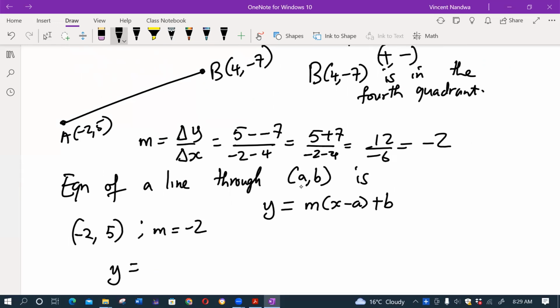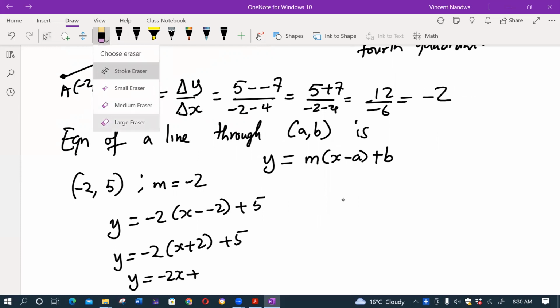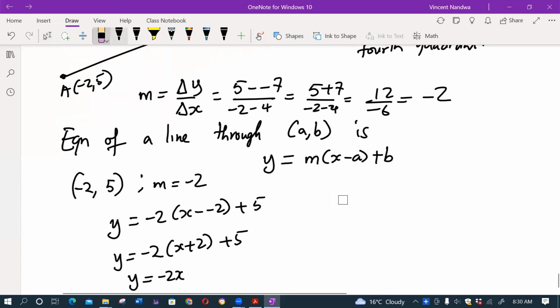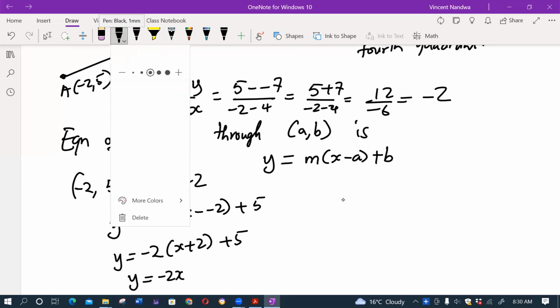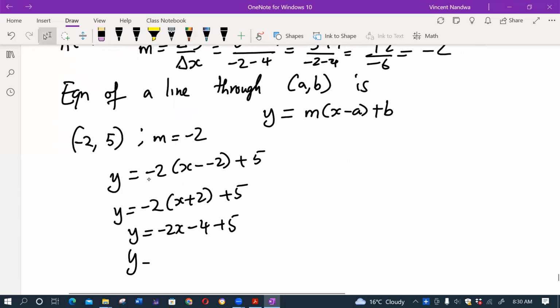So the equation will be y equals -2 into (x minus -2) plus 5, which will be y equals -2x plus -4 plus 5, which will give us y equals -2x plus 1.